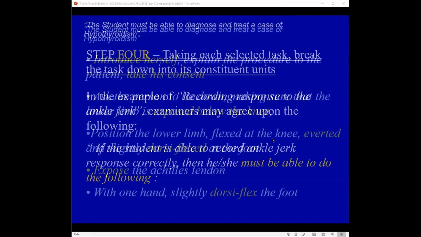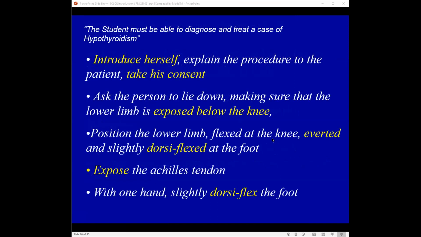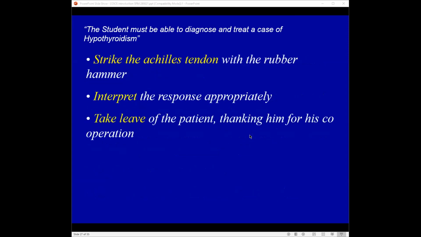He must be able to introduce himself or herself to the patient, explain the procedure, take that patient's consent, ask that patient to lie down, making sure that the lower limb is exposed below the knee, position the lower limb appropriately, which is flexed at the knee, everted and slightly dorsiflexed at the foot, expose the Achilles tendon, with one hand slightly dorsiflex the foot, strike the Achilles tendon with the rubber hammer, interpret that response, take leave of that patient, and thank the patient for their cooperation.